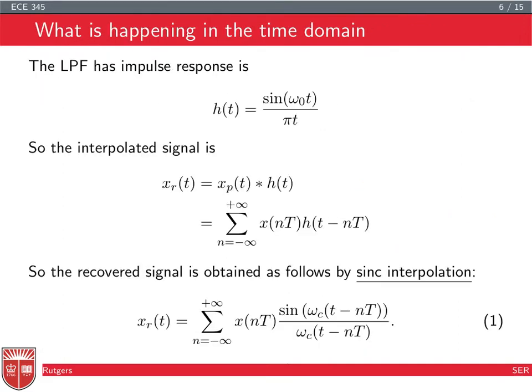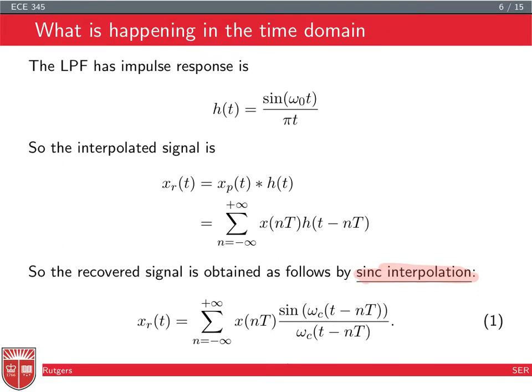Now this way of recovering the analog signal by making the sampled signal xp of t go through a low-pass filter is called sinc interpolation, and I want to explain a little bit what's going on in the time domain. You saw what's going on in the frequency domain, but it's interesting to see what's the equivalent thing in the time domain.